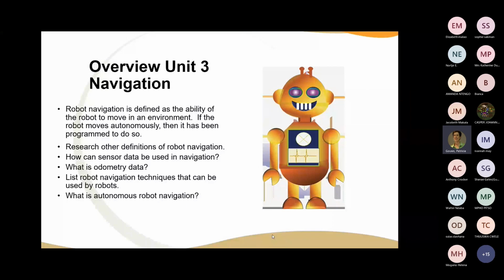What we're going to touch on in the M2 sessions is how sensor data can be used in navigation, so your robot will go forward and not fall off a cliff or bump into a wall. We're going to use sensor data next week. And then odometry is the use of this data, and how we use it to improve the navigation.